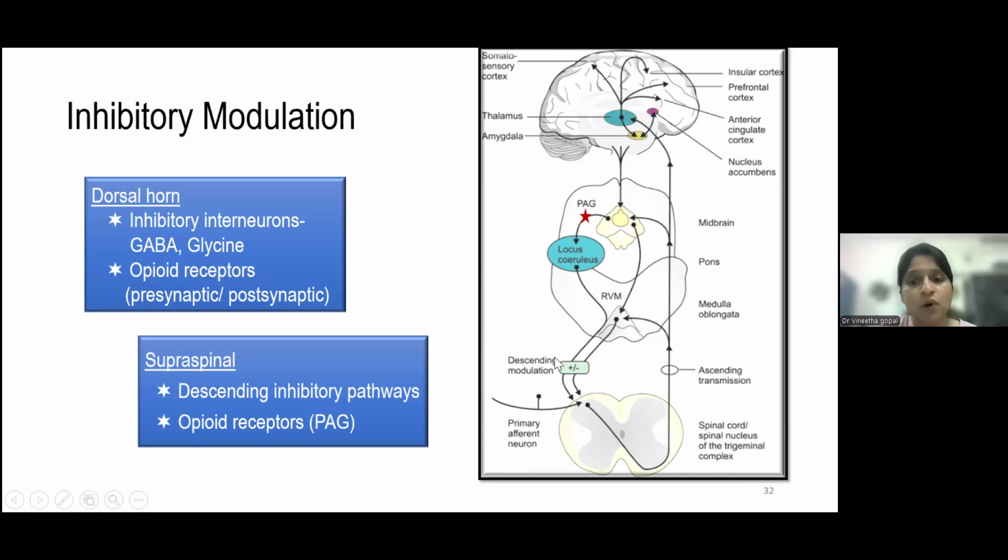So, which is the important neurotransmitter and receptor in this pathway? How can we manage this inhibitory modulation?